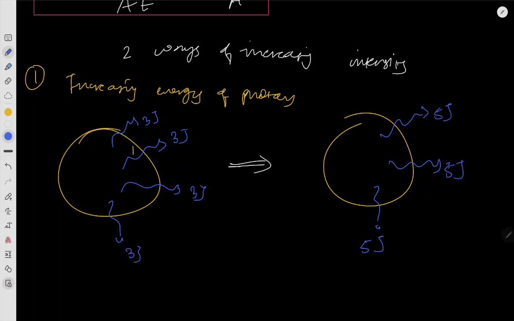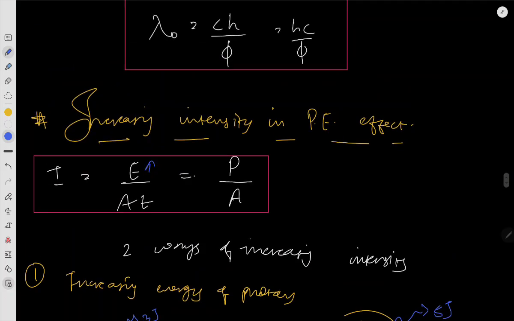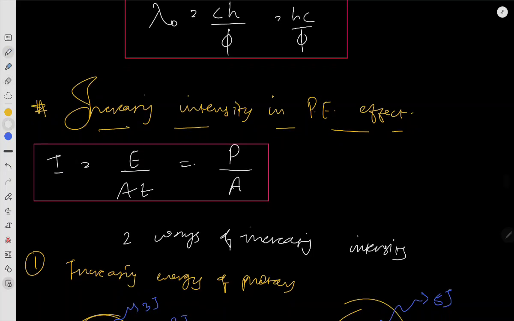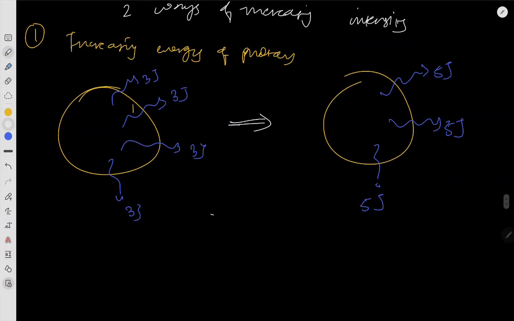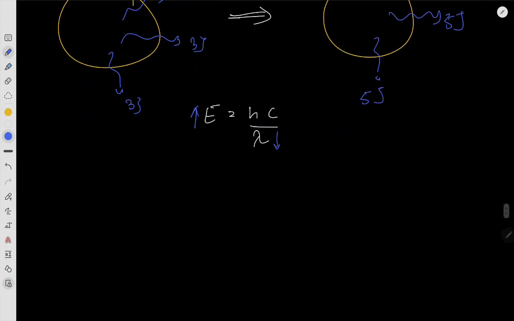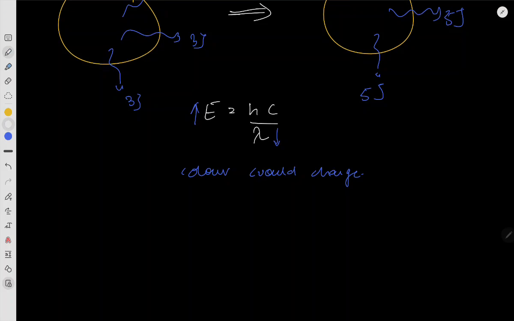So energy increased means intensity increased, but we are forgetting something. The energy of a photon is equal to hc by lambda. So upon increasing the energy, there would be a decrease in the wavelength, that is, the color would change. And we have experimentally seen that the color does not change. So something is going wrong.